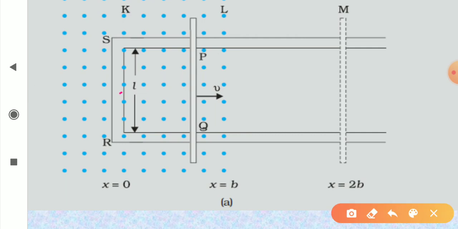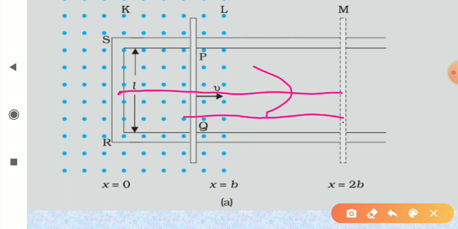This PQ is pulled out from x equal to 0 to x equal to 2b, and then it is pulled back from x equal to 2b to x equal to 0 at constant velocity v. Now during this passage you have to find out the relation for magnetic flux, the relation for induced EMF, the force required to move the conductor, and the power dissipated.